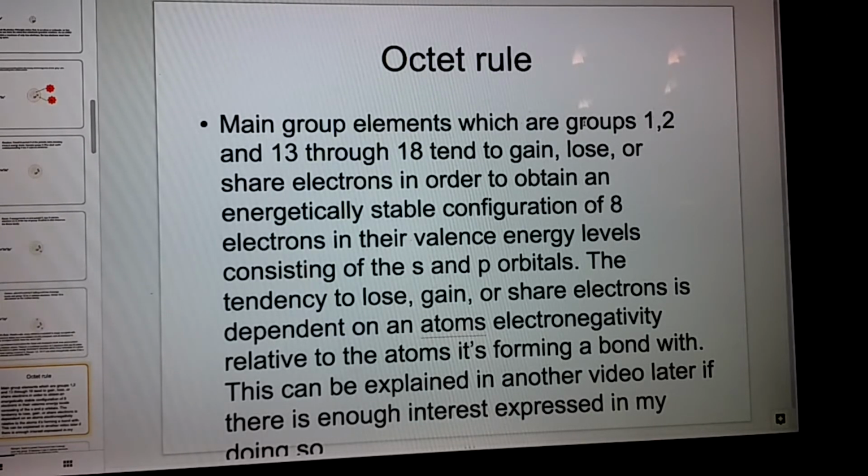Main group elements, in groups 1, 2, and 13 through 18, tend to gain, lose, or share electrons in order to obtain an energetically stable configuration of 8 electrons in their valence energy levels, consisting of the S and P orbitals.